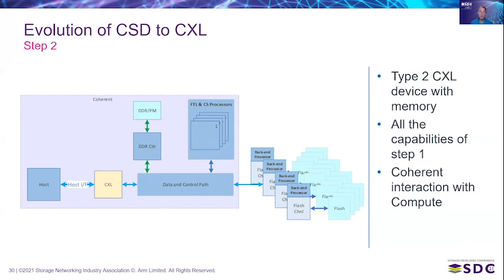So essentially, this could become a Type 2 device with memory. It still has the capabilities of step 1 that I showed on the previous slide, but now there's the ability for the host to coherently interact with the compute, to dispatch workloads to the compute, to offload workloads to the compute that is in the drive, exactly as CXL was intended.